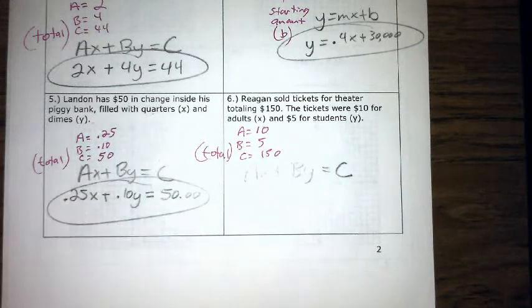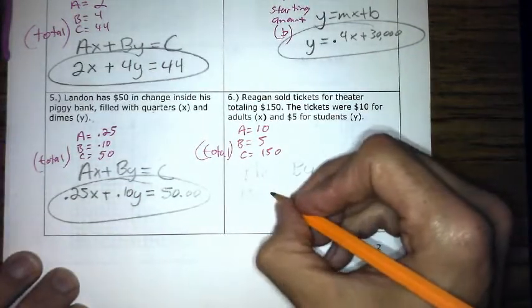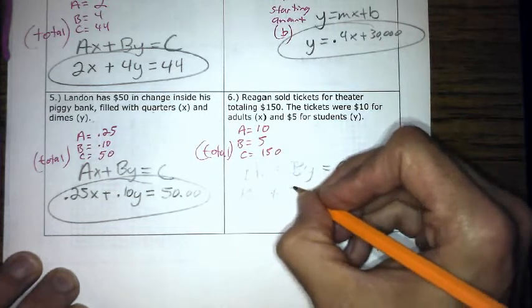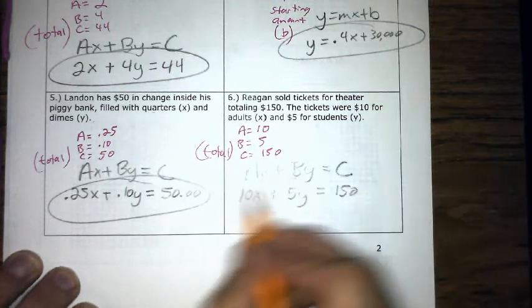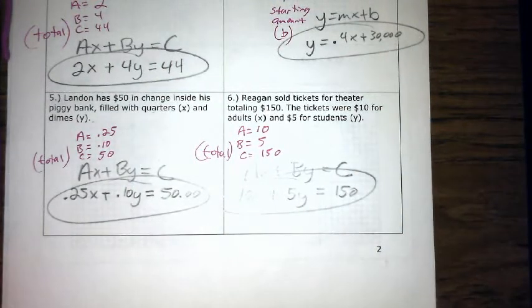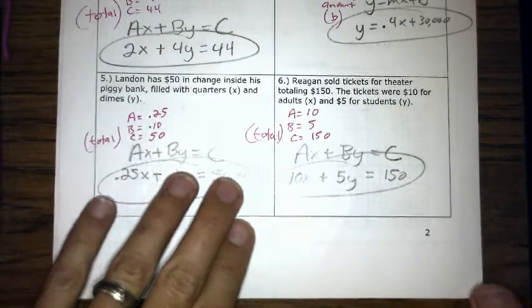Plug them in and you're done. 10x plus 5y equals 150. So hopefully you guys see how easy it is to identify standard form in these word problems.